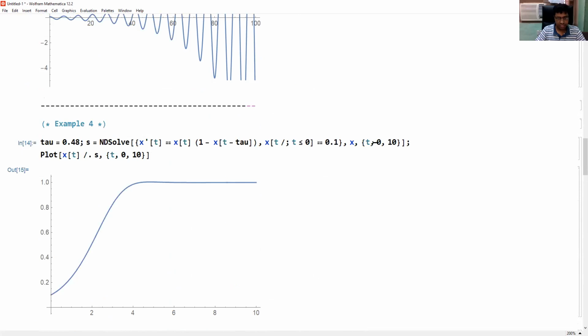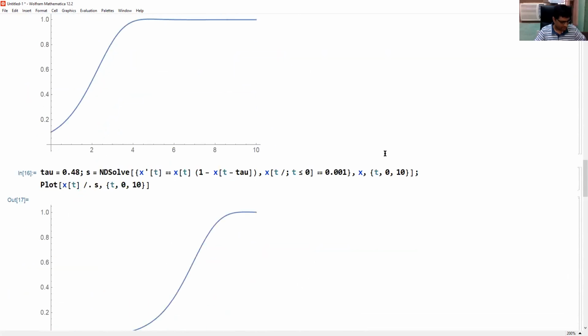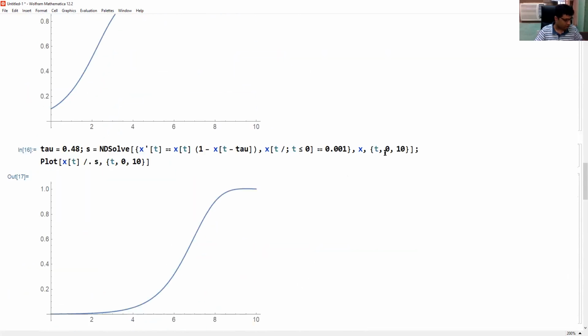Now let us consider the other equilibrium point, which is 1, and we have used analysis and proved that if tau is between 0 and pi by 2, then we get stable solutions.